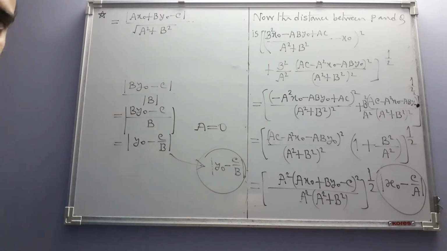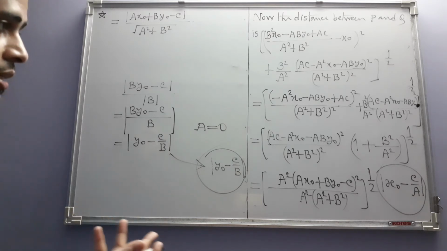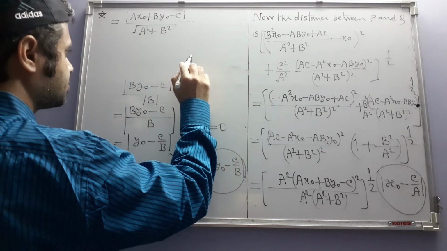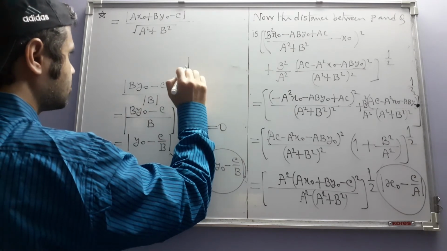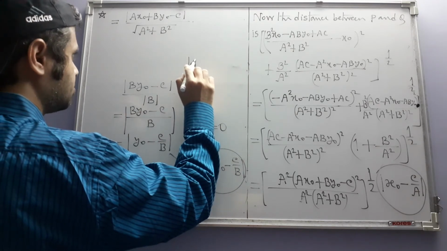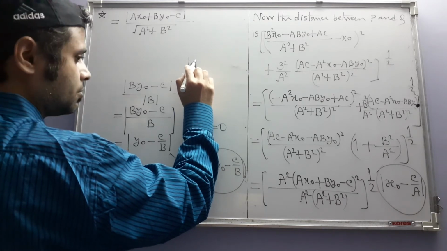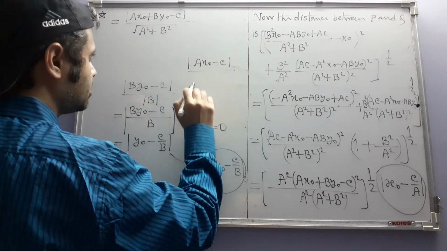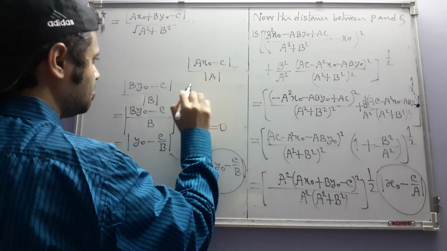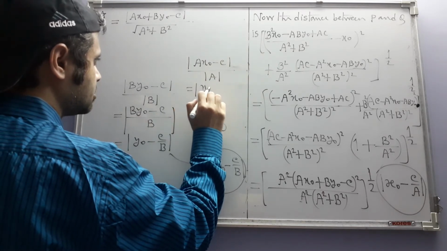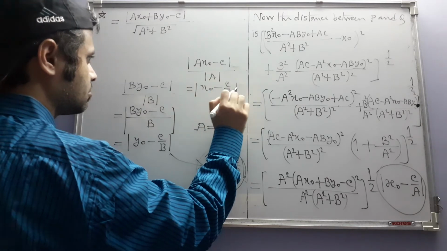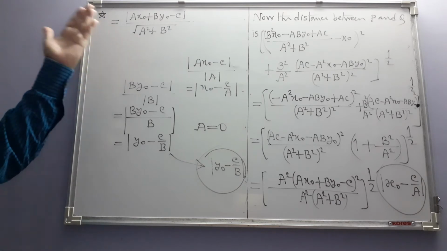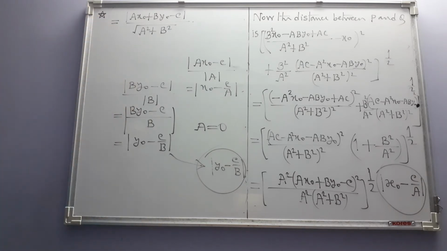What happens when b is equal to 0 and a is non-zero? In that case, the formula for the distance becomes a x naught minus c, and you can pretty much see that a similar thing will happen in this case. Okay, so the same formula can be used in all the three cases.